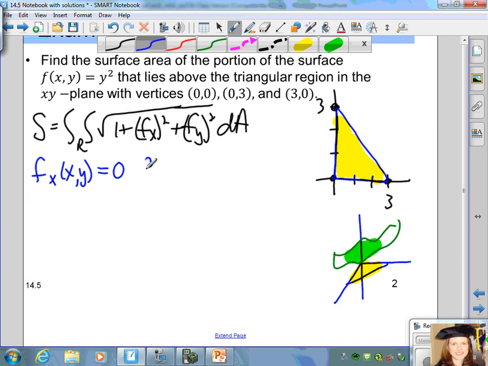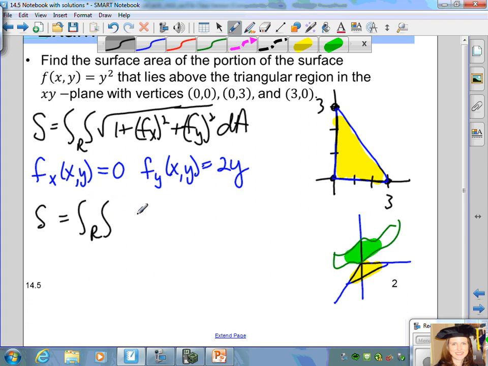And the partial derivative with respect to y, treating y as a variable and anything else as a constant, is 2y. We can plug that into our surface area formula. So the surface area is equal to a double integral over the region R of the square root of 1 plus 0 squared plus (2y) squared, which is the square root of 1 plus 4y squared, dA.